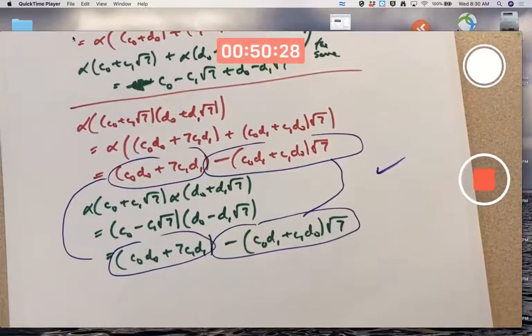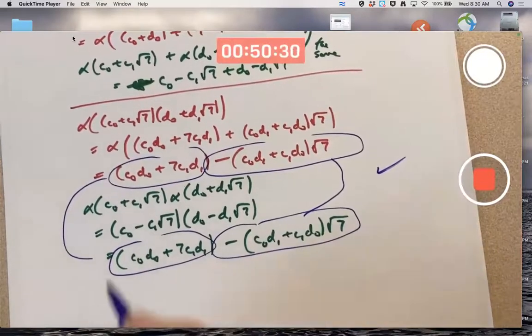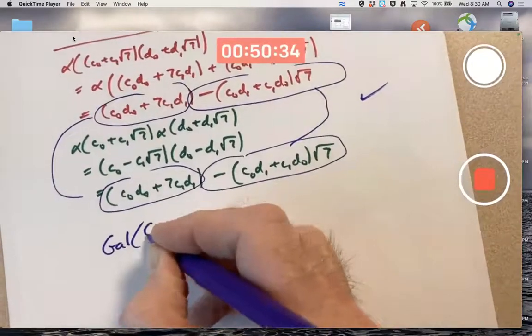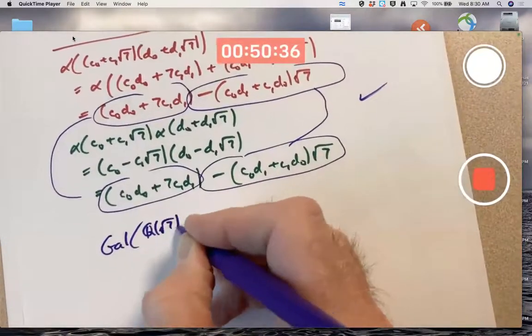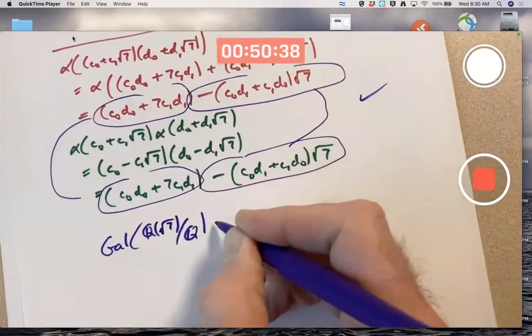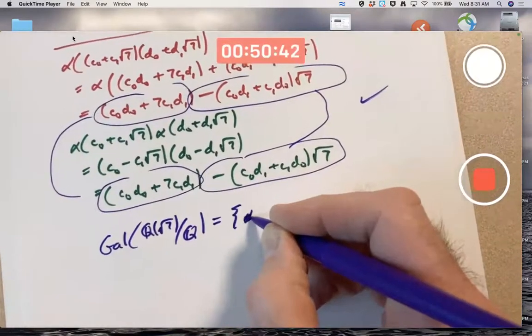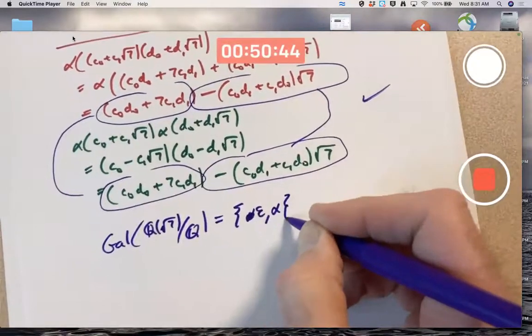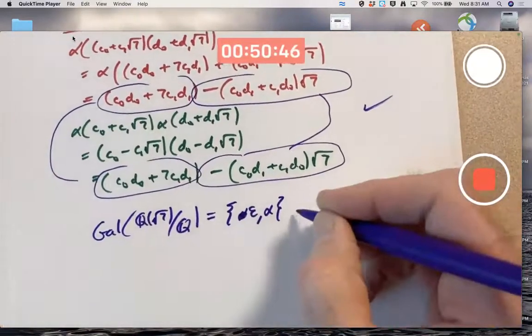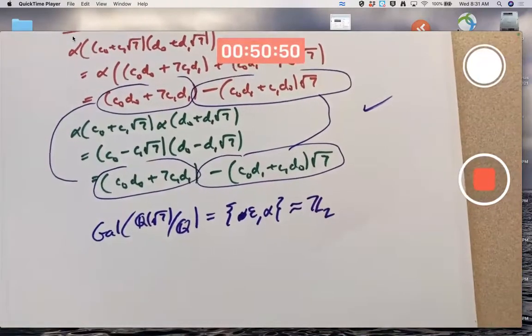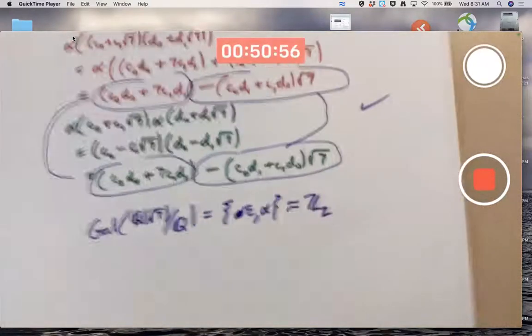Being a two-element group, it's got to be cyclic of order 2. It's got to be isomorphic to Z2. And its lattice of subgroups is going to be very simple.